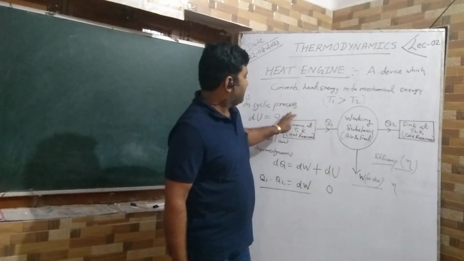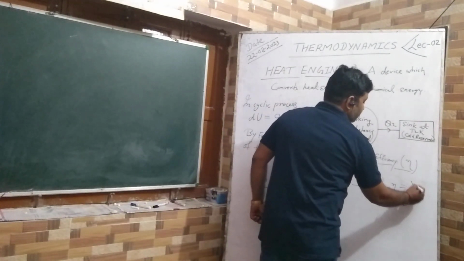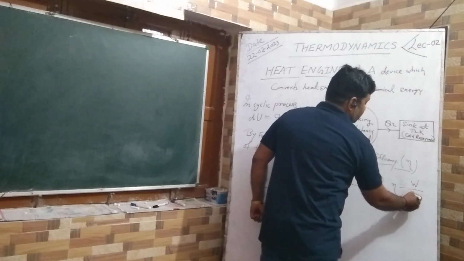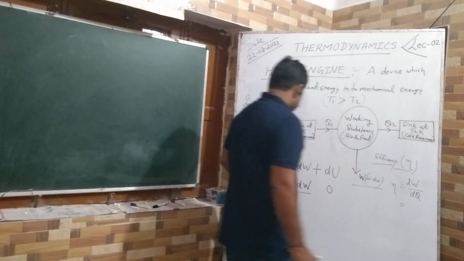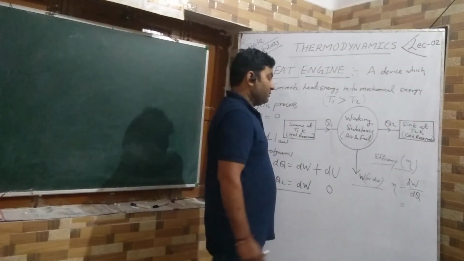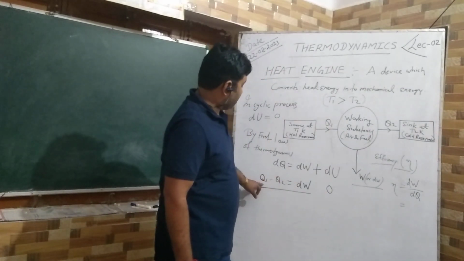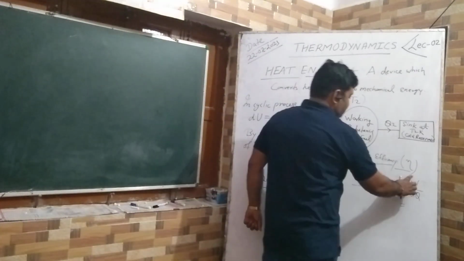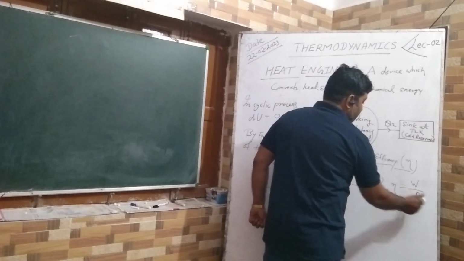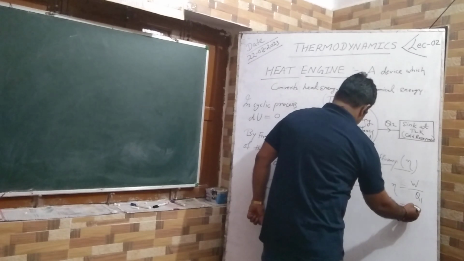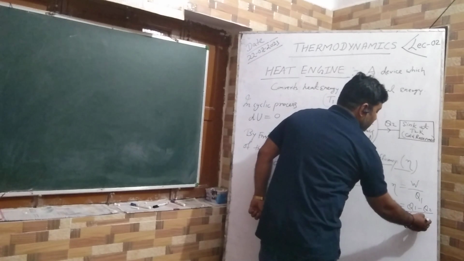Here output upon input, output means dW, or W no matter, upon dQ. dW here is Q1 minus Q2, and input is Q1. So W upon Q1, that is Q1 minus Q2 upon Q1. Clear?